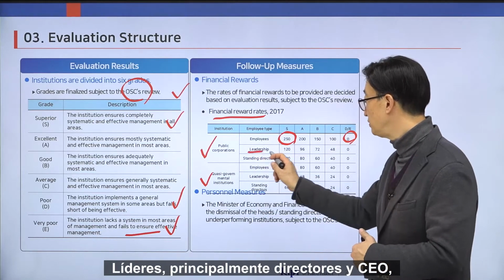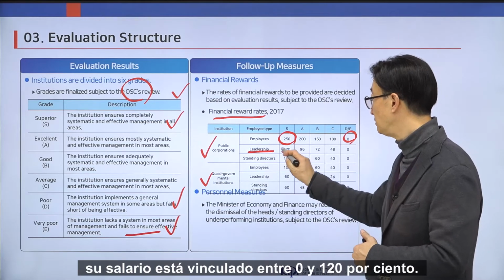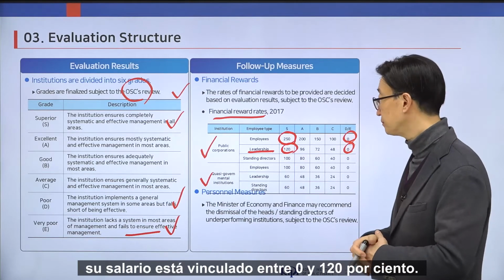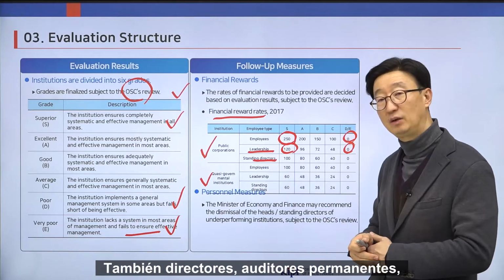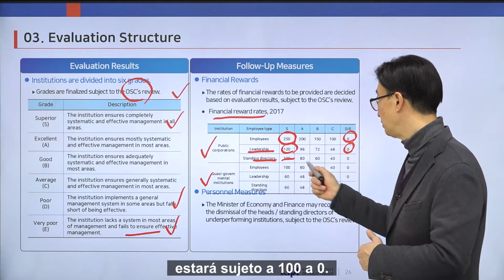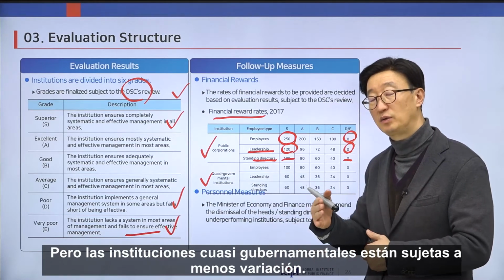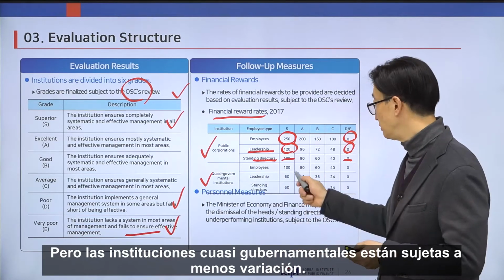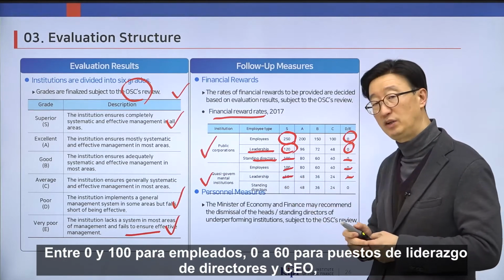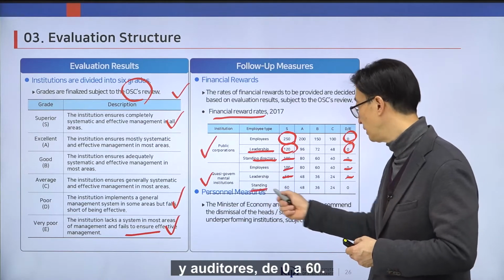Also for the leaders, mainly directors and CEOs, pay is linked between 0 and 120%. Standing auditors would be subject to 100 to 0. But quasi-governmental institutions are subject to less variation. It's between 0 and 100 for employees, 0 to 60 for leadership positions of directors and CEOs, and 0 to 60 for auditors.